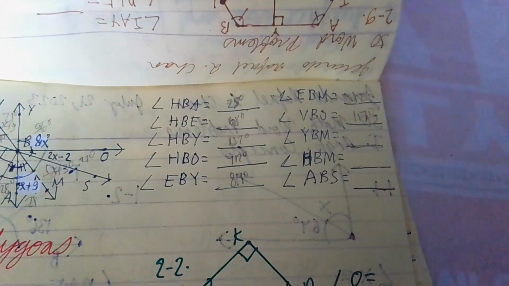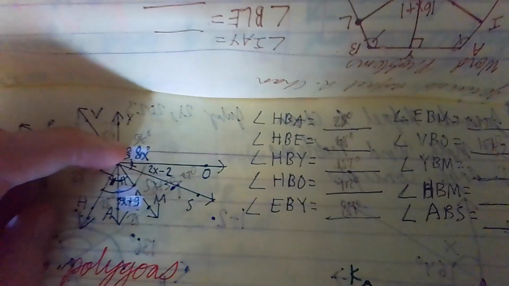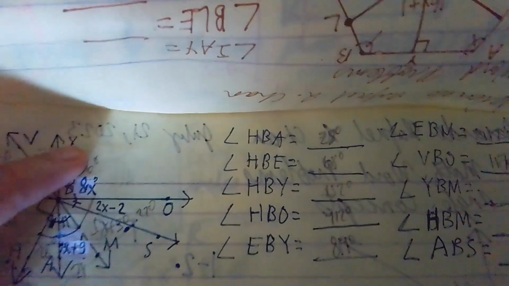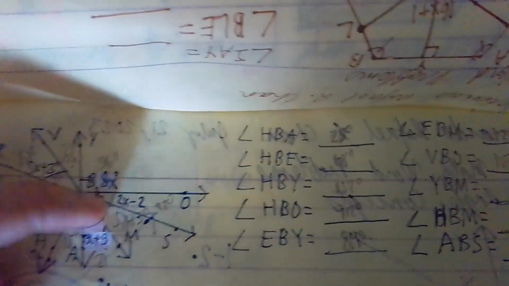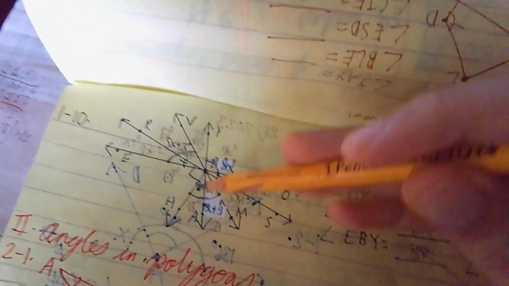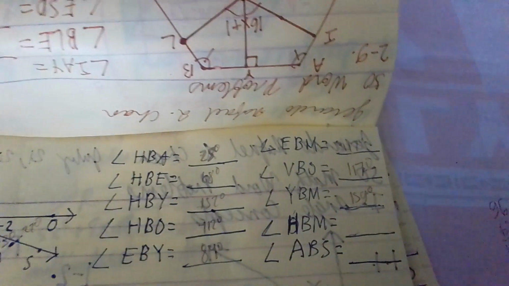For angle YBM, 96 plus 63. 96 plus 63 is, correct, you should get 159. Did you get that? Very good, 159 degrees, alright? Exclude the 21. Next, HBM.